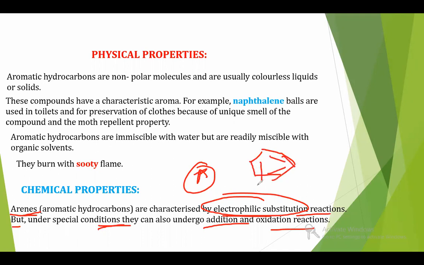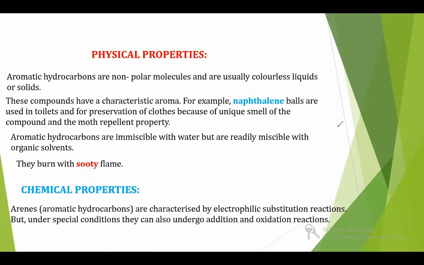Aromatic hydrocarbons are stable because they have a conjugated pi system. Due to the conjugated pi system, they are stabilized by resonance effect, and if they are stabilized by resonance, they are unreactive. Normally, they will not react. Because identical hydrogens are present, we get electrophilic substitution.